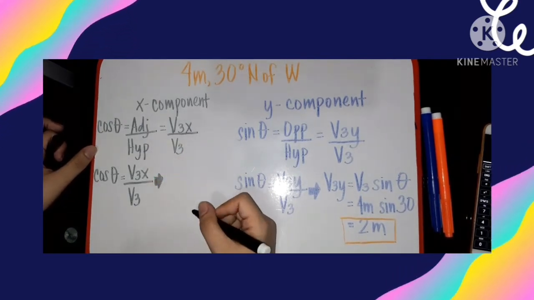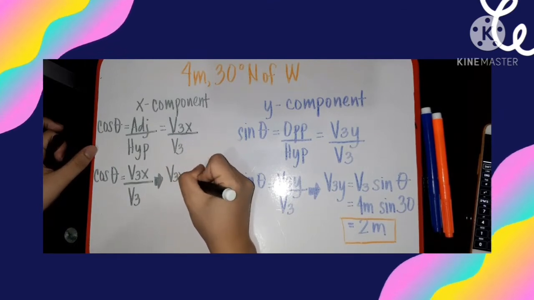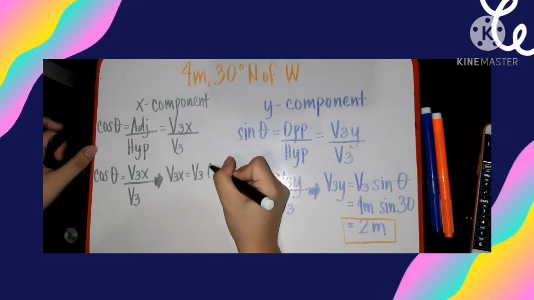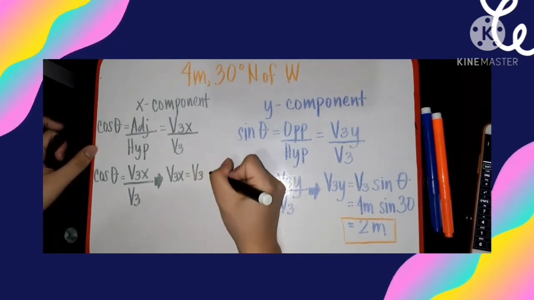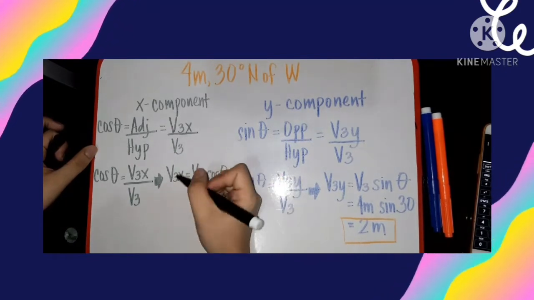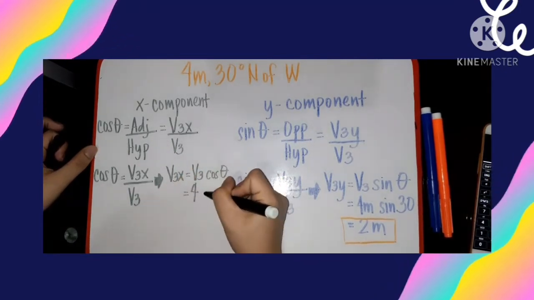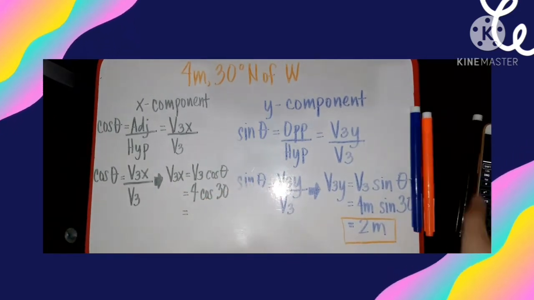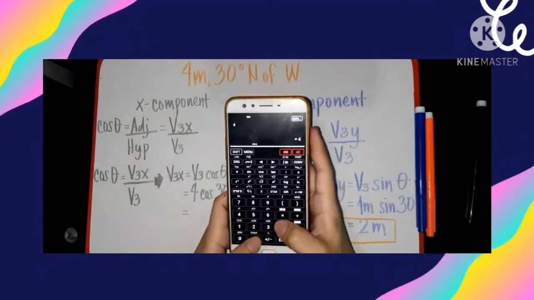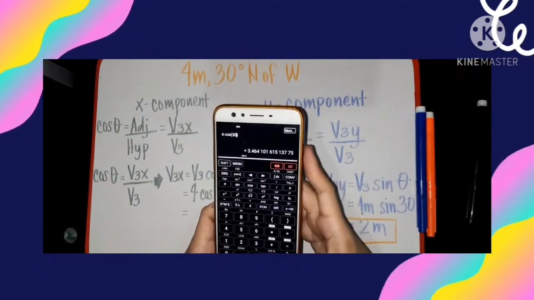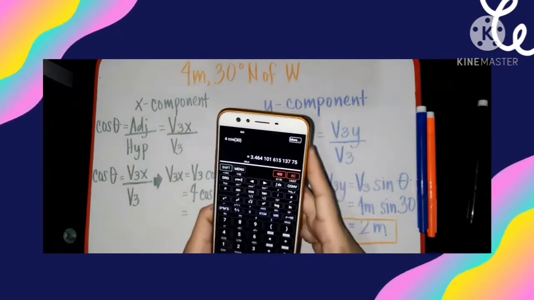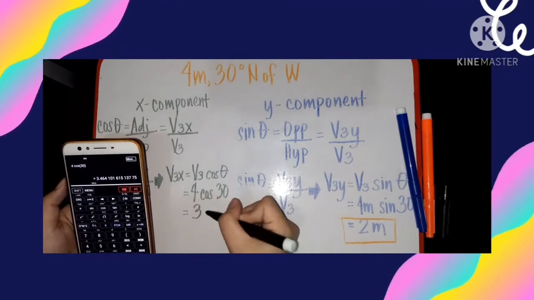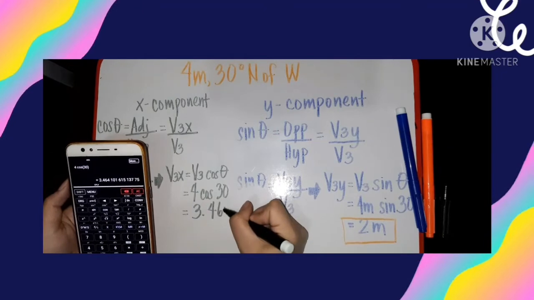Cross multiply. V3x is equal to V3 cosine theta. Our V3 is 4 meters cosine 30. 4 cosine 30 is equal to 3.46 meters.